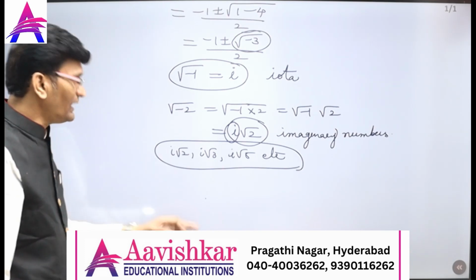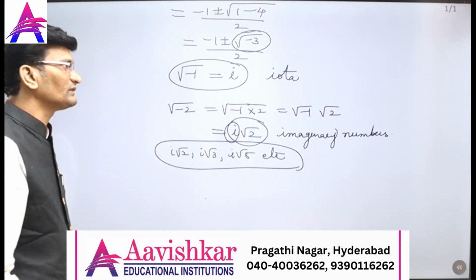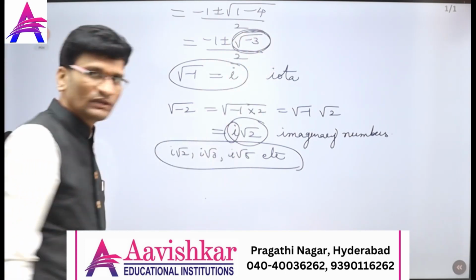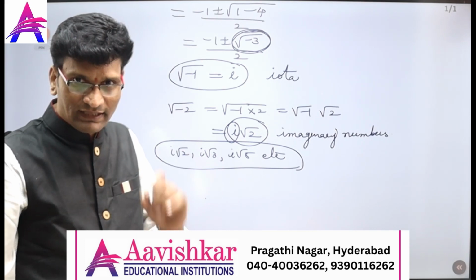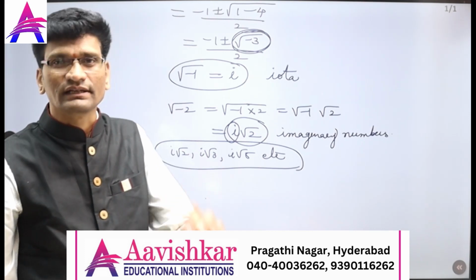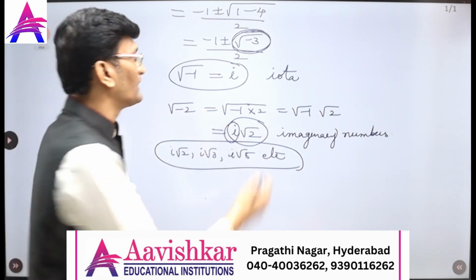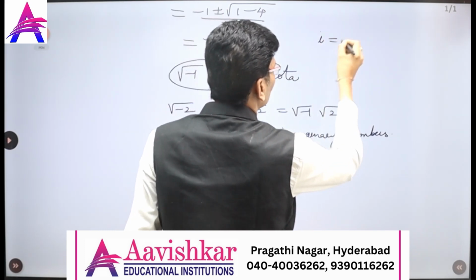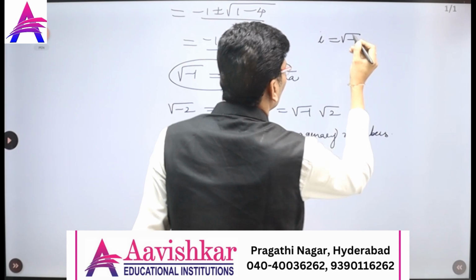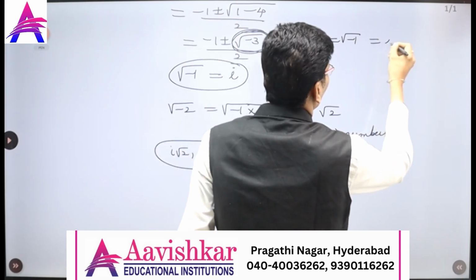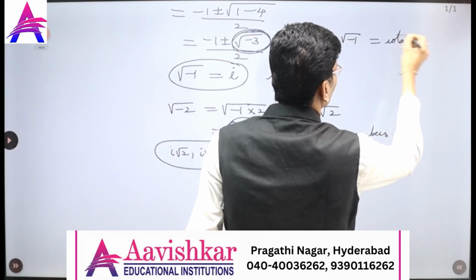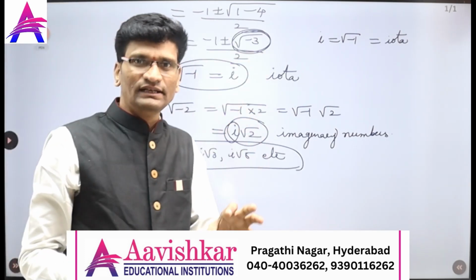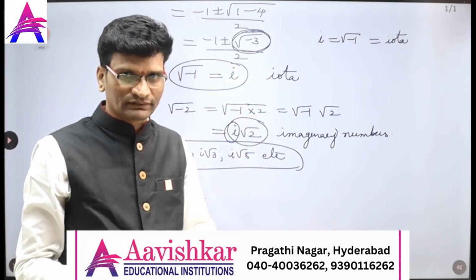From this class onwards, whenever a negative number occurs in the square root, we have to take them as imaginary numbers. So this is the story. The most important point is i is equal to root minus 1 and it is named iota. And the numbers which always contain i are called imaginary numbers.